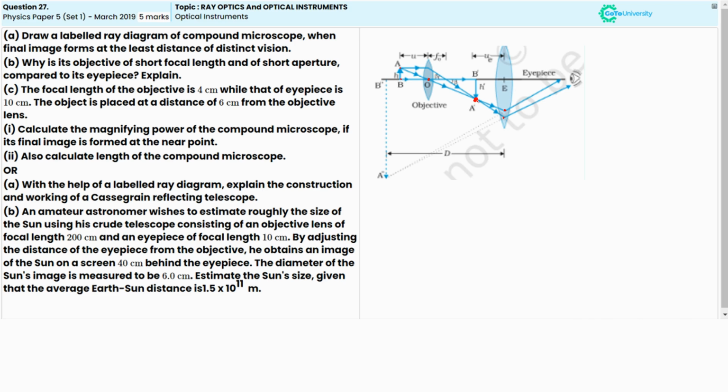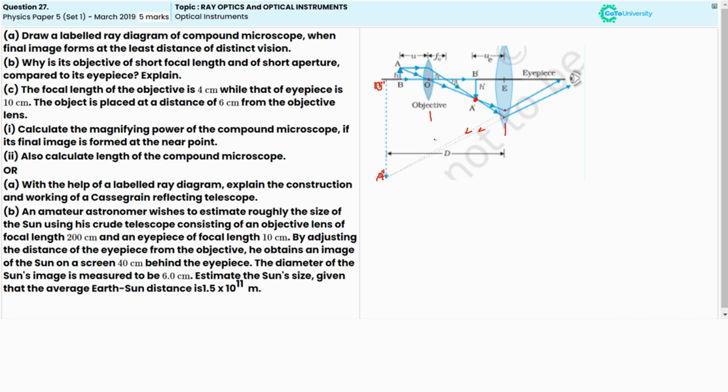That means we see some zoom, which we note as A dash B dash. From this, the rays move further in this direction, and where they coincide, this is noted as A double dash B double dash. These two lenses are fixed over one tube.